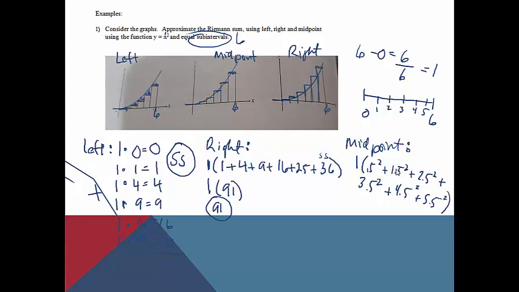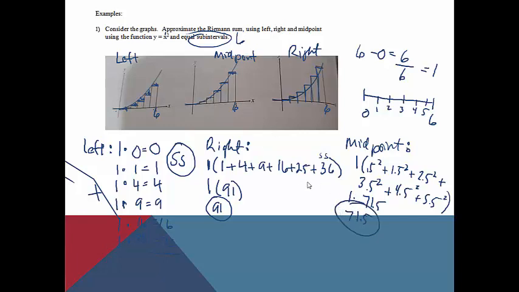Okay, 0.5 squared plus 1.5 squared plus 2.5 squared plus 3.5 squared plus 4.5 squared plus 5.5 squared. And that gives me 71.5. And multiply it by 1, and we get 71.5. So that would be my midpoint sum.